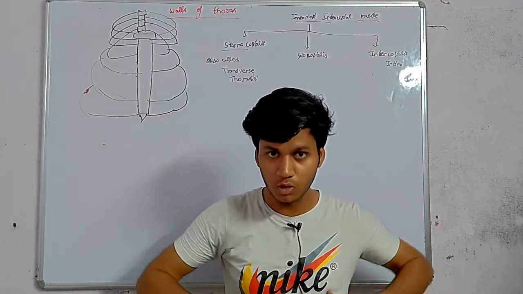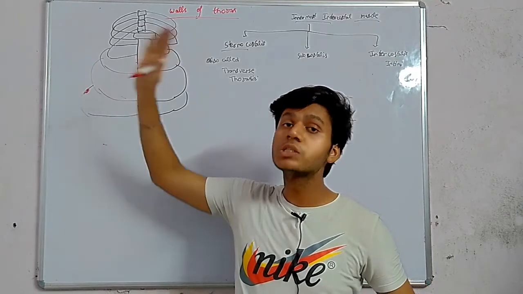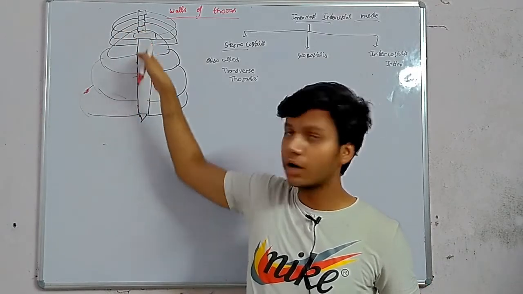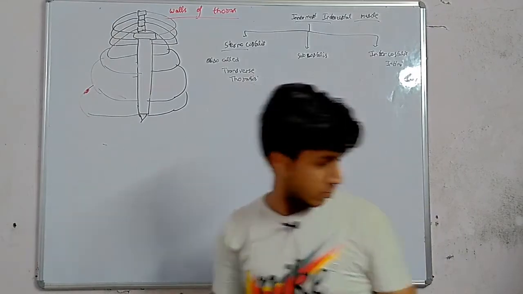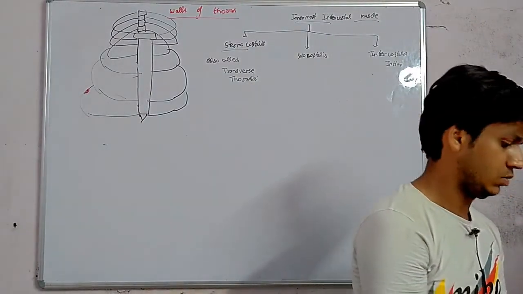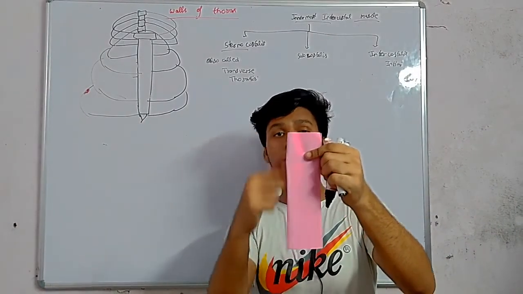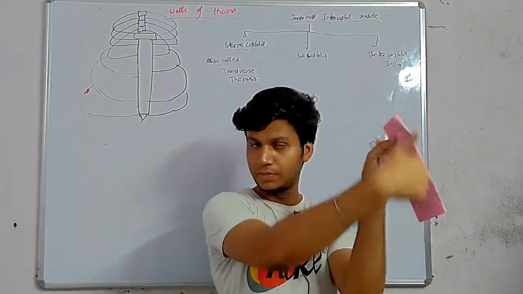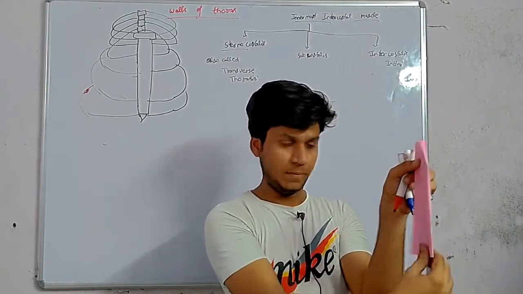Innermost muscle of the thorax, just present posterior to the sternum and ribs. Let's say this is the sternum, the inner side of the sternum, posterior aspect, like this. It is present here.